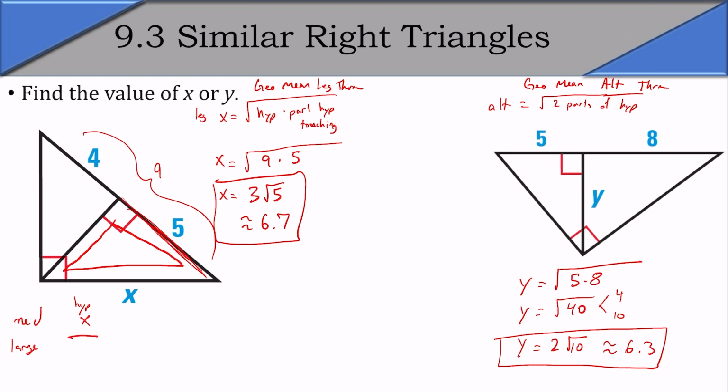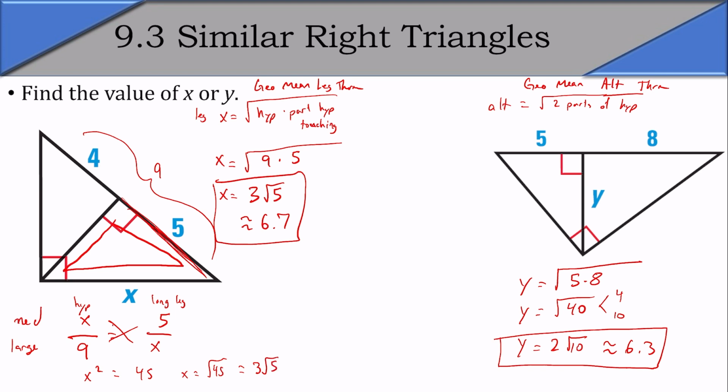The hypotenuse of the large triangle is 9. And then the 5 is the long leg of the medium triangle. And the long leg of the large outside triangle is x. Cross multiply. Take the square root of 45, and you get 3 square root of 5.